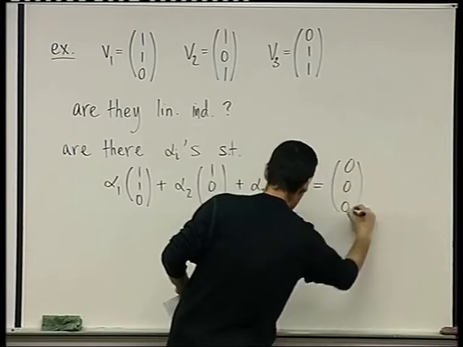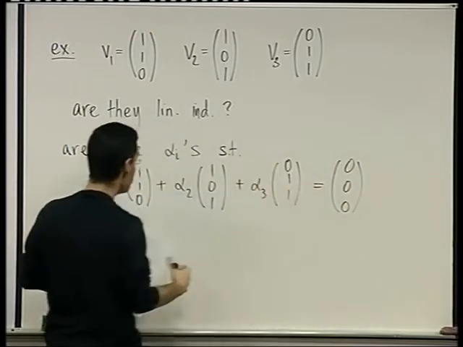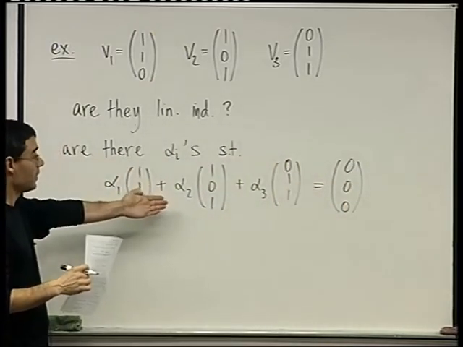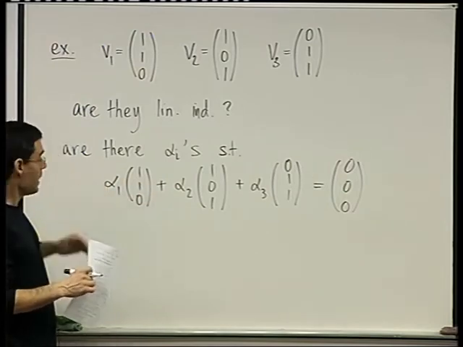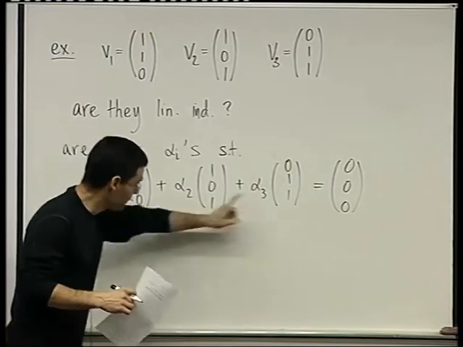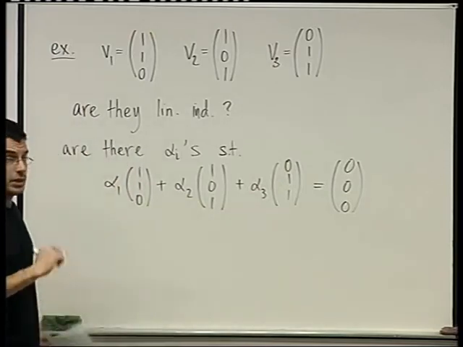That's the 0 vector in R3. If such alphas exist, and they're not all 0, then they're linearly dependent. If the only way to do this is when all the alphas are 0, then they're linearly independent.